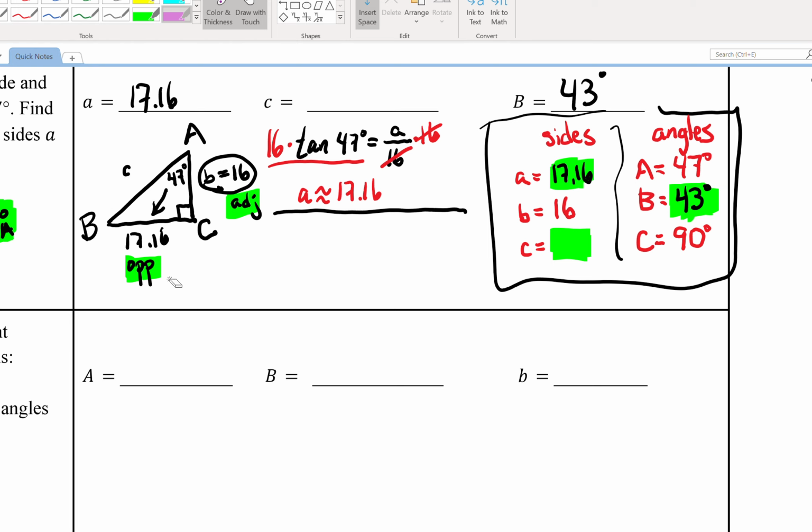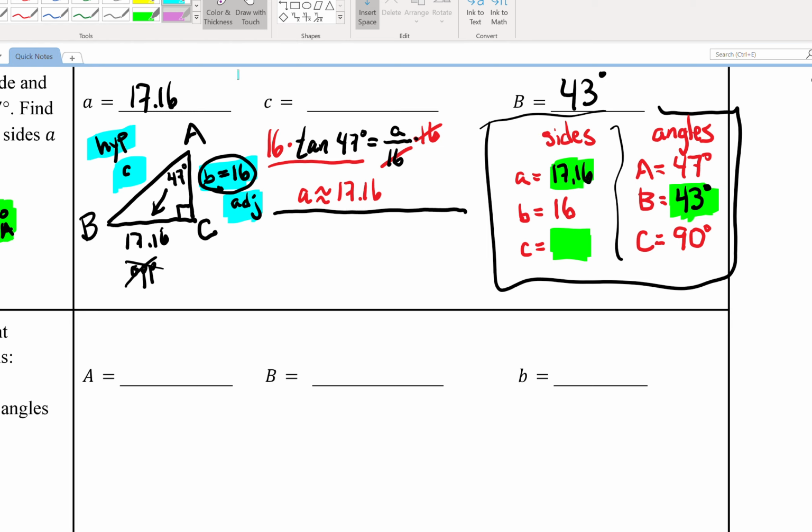But this time, I'm going to ignore that this is the opposite. Or if you'd like, I'm just going to cross it out. Not because it's wrong, but because now I'm going to focus on the fact that here I've got adjacent, and over here I have the hypotenuse. And so I'm going to use a different color. I'm going to go blue. That's adjacent here, and the hypotenuse, because this is the one I know, and this is the one I want to know.